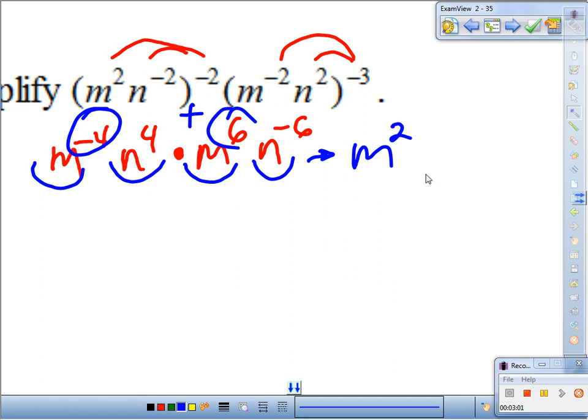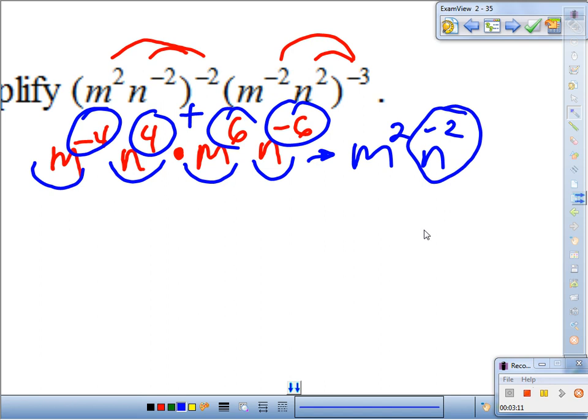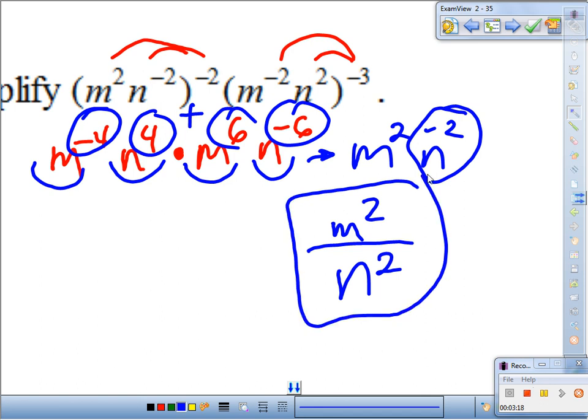These are the same base, n. 4 plus negative 6 is negative 2. And can we leave it with a negative exponent? No. This one goes where? In the denominator. So m to the second over n to the positive 2. Hands if you got that. Okay, good. Go to number 3.